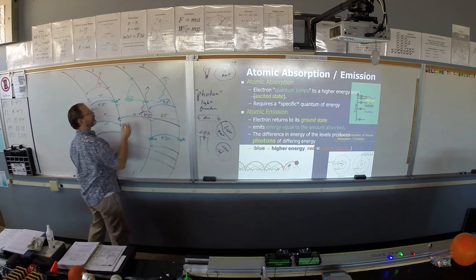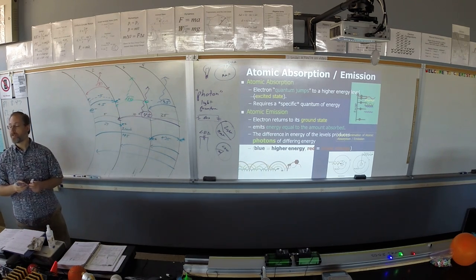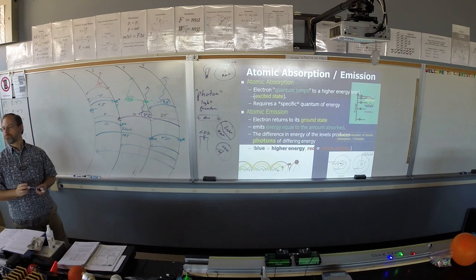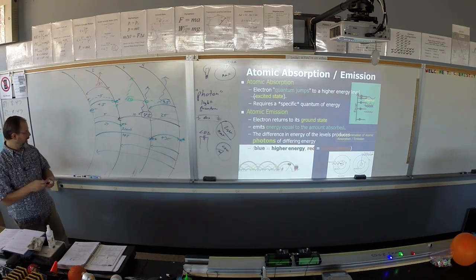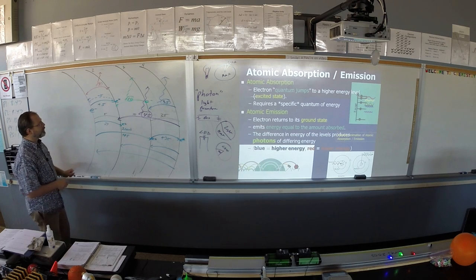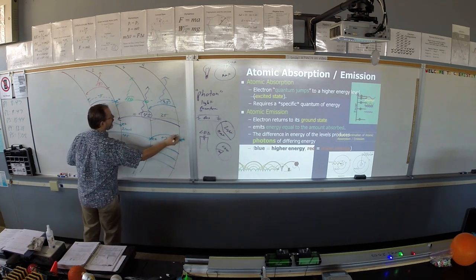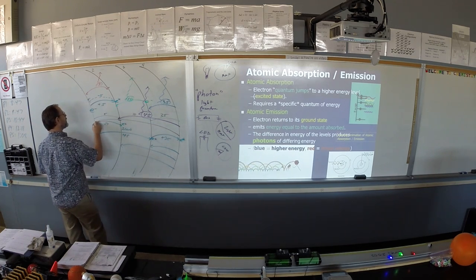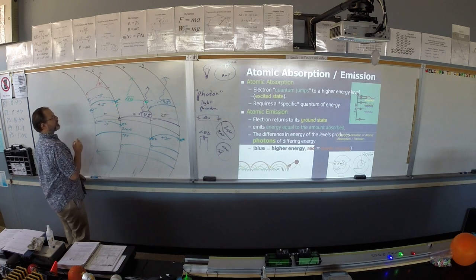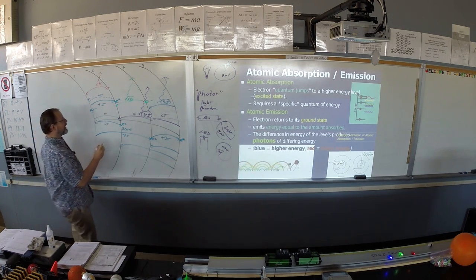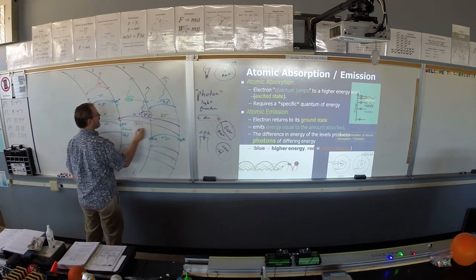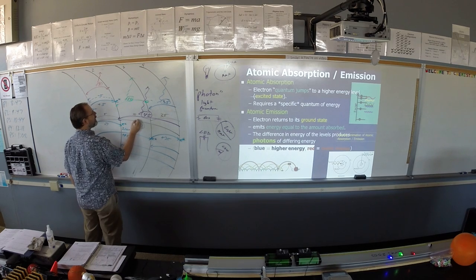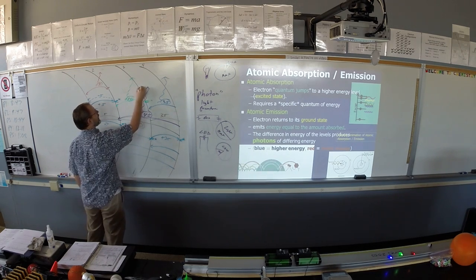It might make a purple photon, or a violet, or an indigo photon. Okay? Because violet has more energy than blue. And what if it goes from level 4 all the way down to level 1? How much energy? It's going to give off 50 units of energy. It might make an ultraviolet photon.